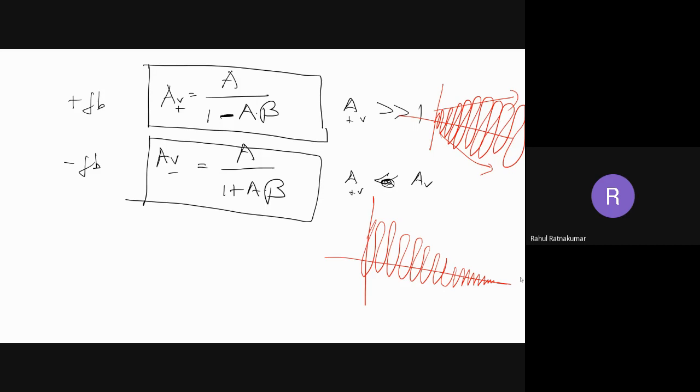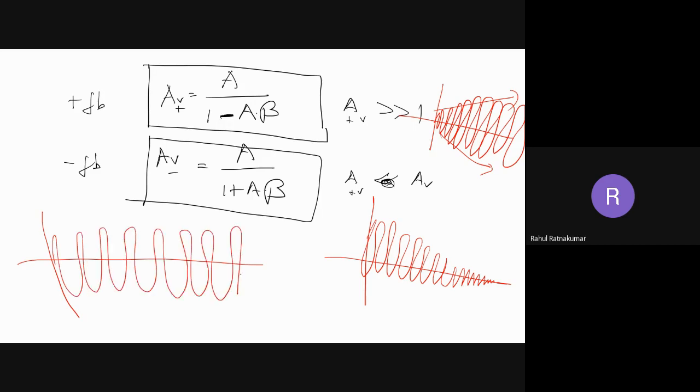Now, ideally, if we need sustained oscillation, which is constant amplitude oscillation, there are two conditions called the Barkhausen criteria, which you should note down.